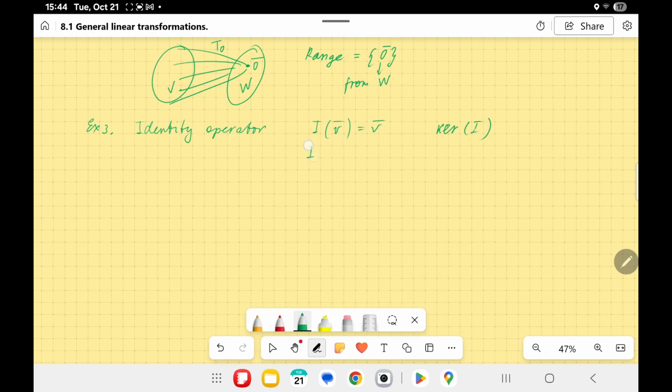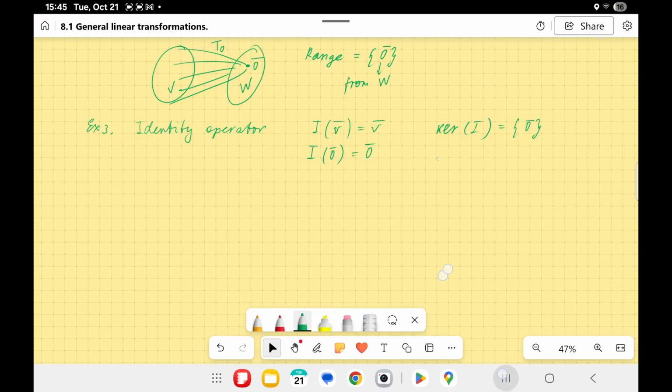Which vector V, if we apply the identity operator, gives a zero vector? The only vector which is going to turn into zero is the zero vector, because that's it, the zero itself. No other vectors are going to turn into zero. So the kernel is going to be only the zero vector.